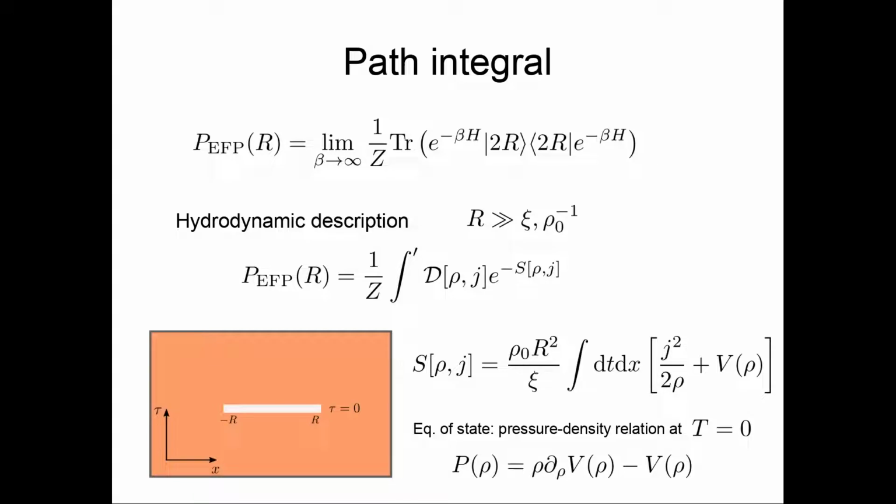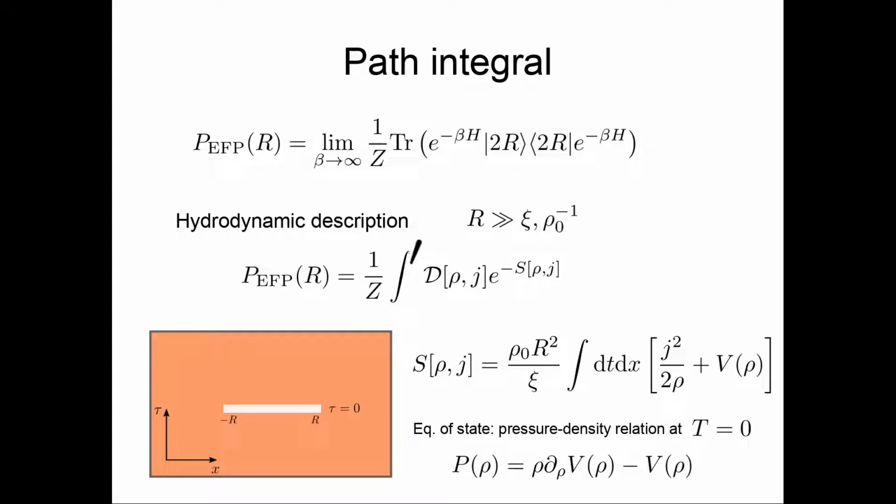So this is my path integral weighted by the action S. And the very important bit here, which unfortunately my notation does not make very clear, is that I require my particles to be absent in the interval from minus r to r at tau equals 0. This is a very important ingredient in this story.